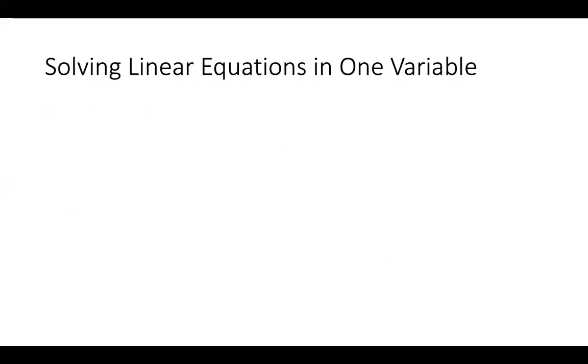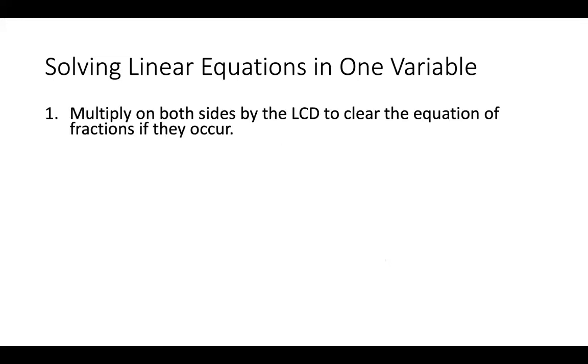So what you're going to notice in this section is that the examples are a little fancier than they were in the last section. So I am going to share with you now a list of steps that will work with pretty much every linear equation. Step 1, multiply both sides by the LCD, least common denominator, to clear the equation of fractions if they occur.